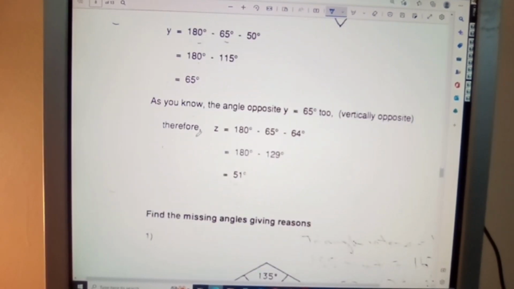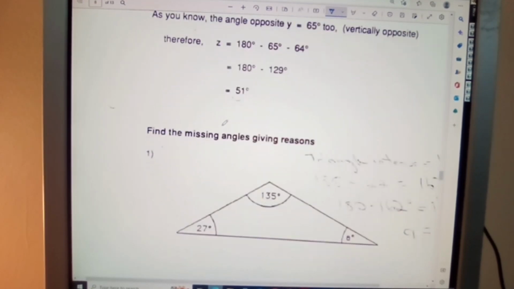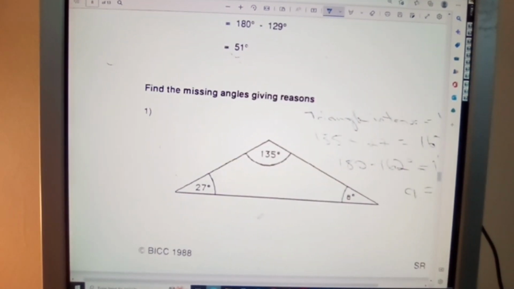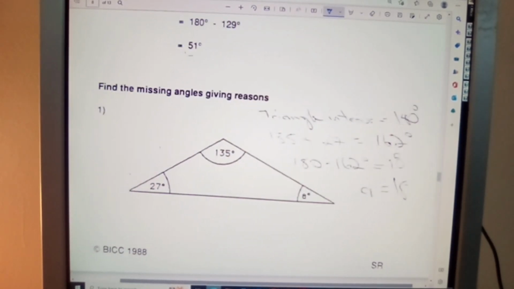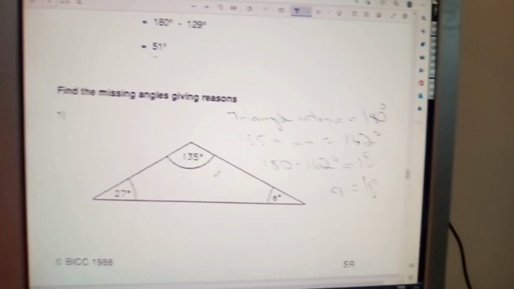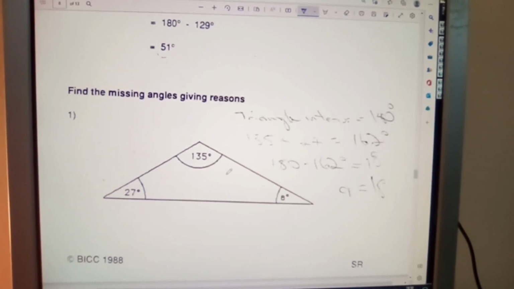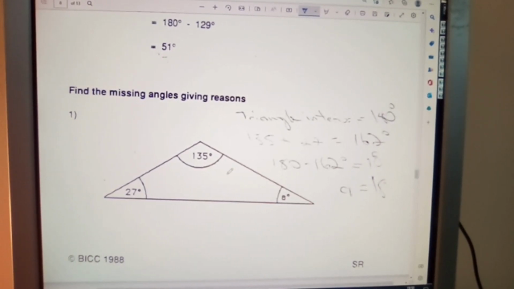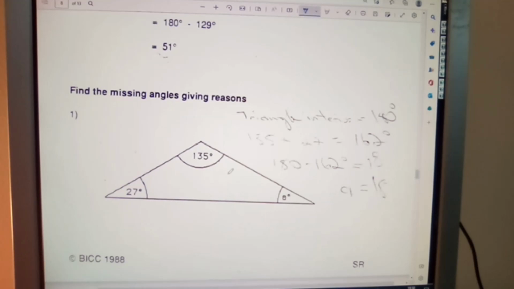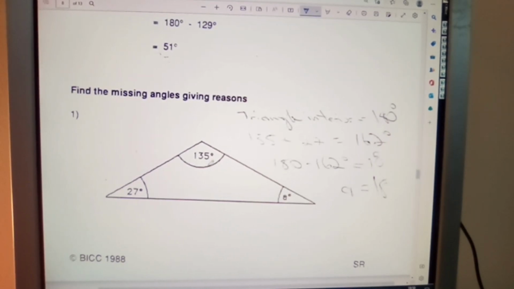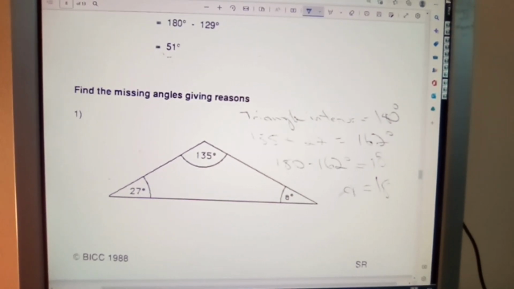Now, let me just go down a little bit. Find the missing angles, giving reasons. Well, 180 degrees in a triangle, yes, that's right.